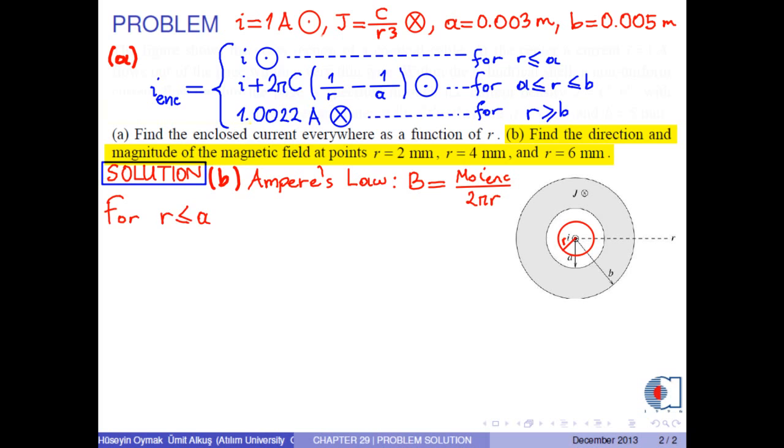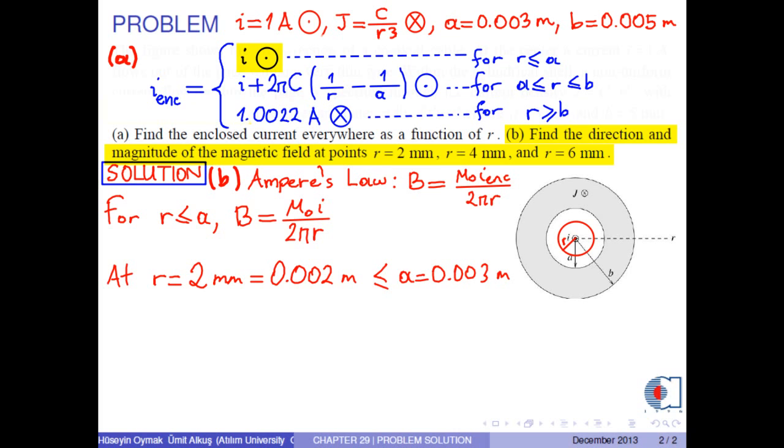For r less than a, that is inside the shell, the enclosed current is I, which is out of the screen. Therefore, B equals mu0 times I over 2 pi r. At r equals 2 millimeters, which is 0.002 meters, less than a equals 0.003 meters, we can use the formula B equals mu0 I over 2 pi r.